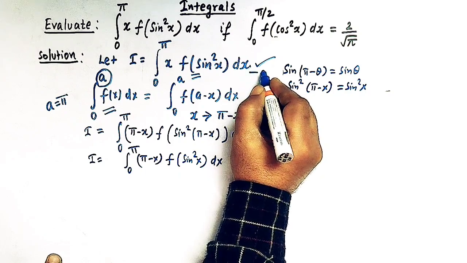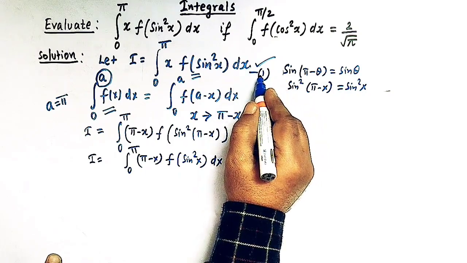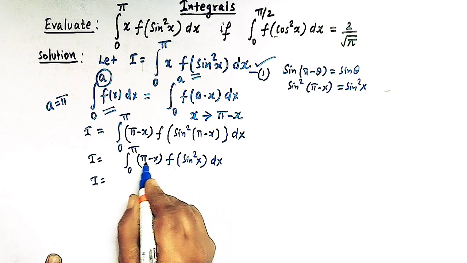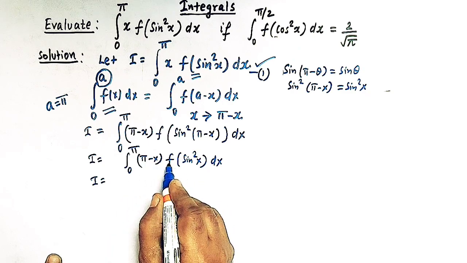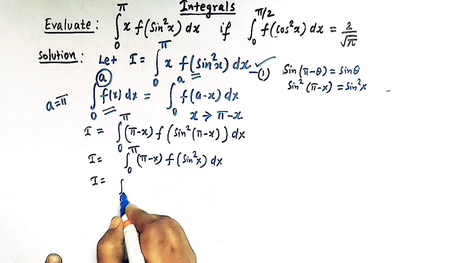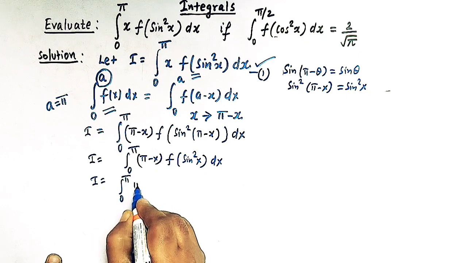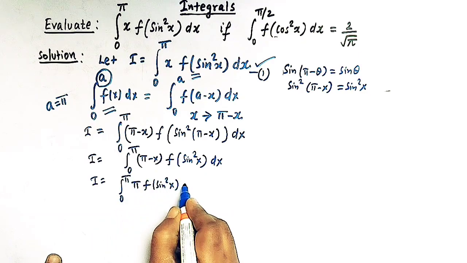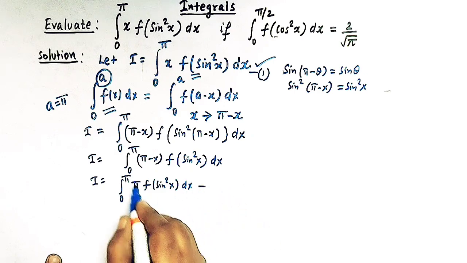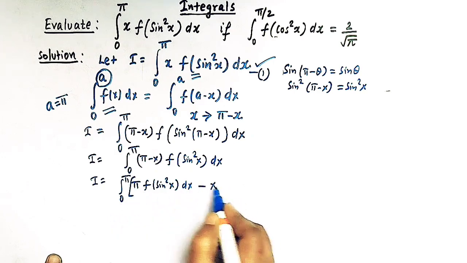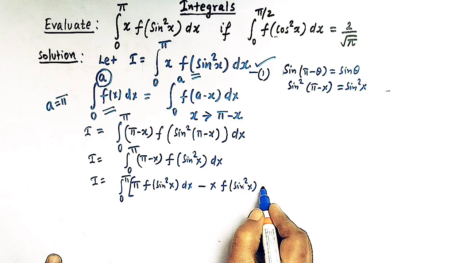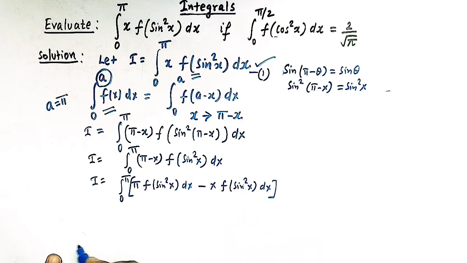So let us take this integral as 1, and here we can now multiply these two terms by f of sine square x. So we have 0 to pi and pi f of sine square x dx, and then we have minus x f of sine square x and dx, right?